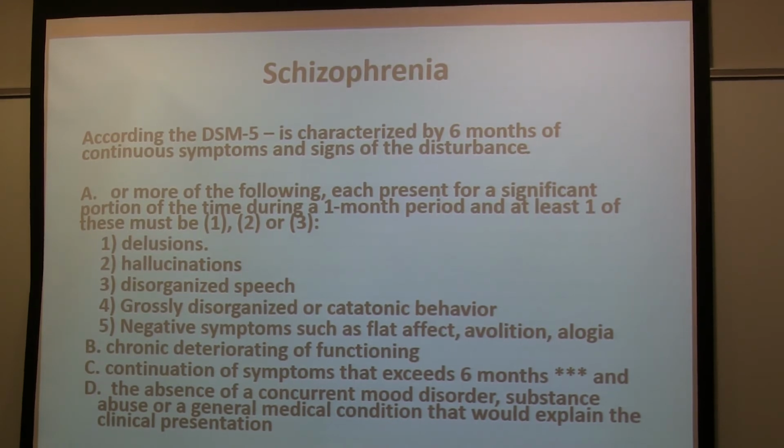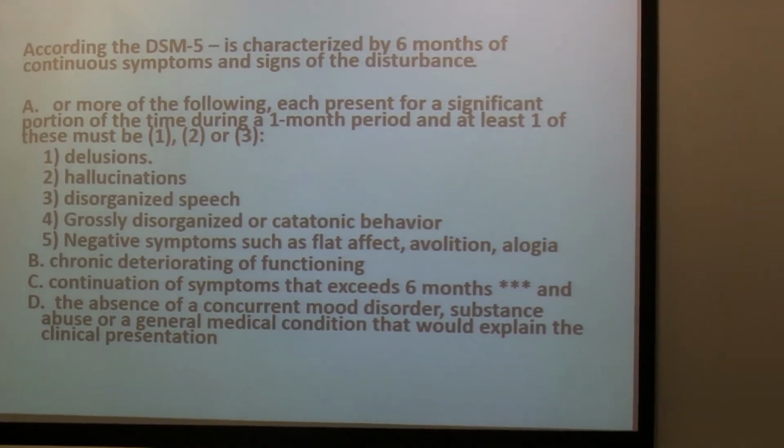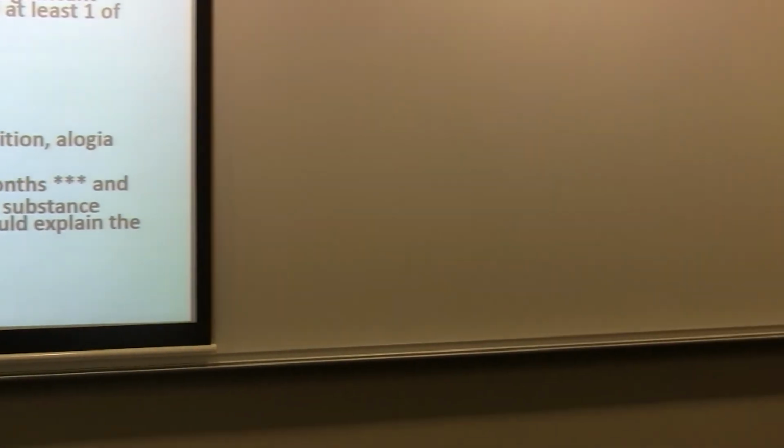Chronic deteriorating of functioning is criterion B. Continuation of symptoms that exceed 6 months. So that for 1 month you're going to have one of the first 5 that I mentioned, but you're going to have symptoms for 6 months. And chronic deteriorating of functioning is a big one.